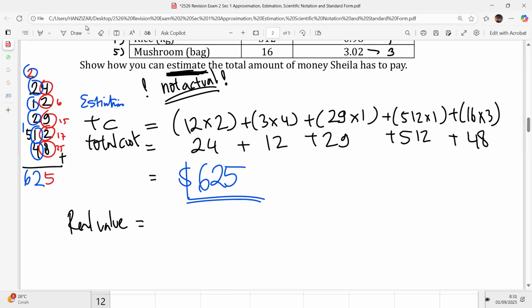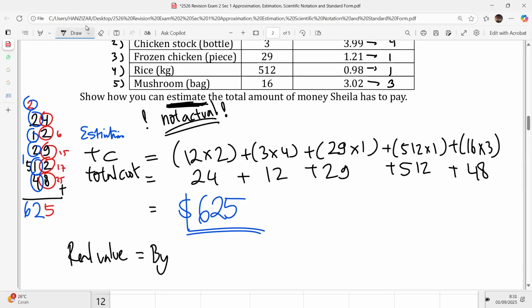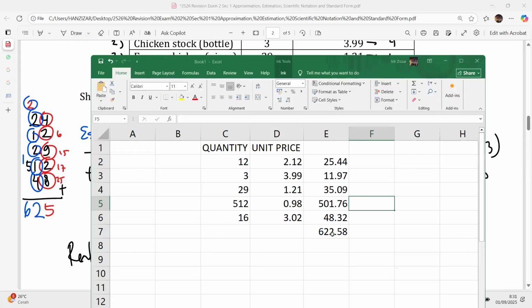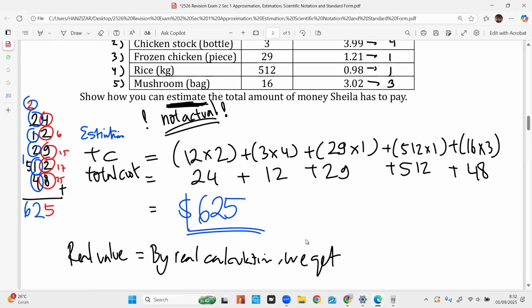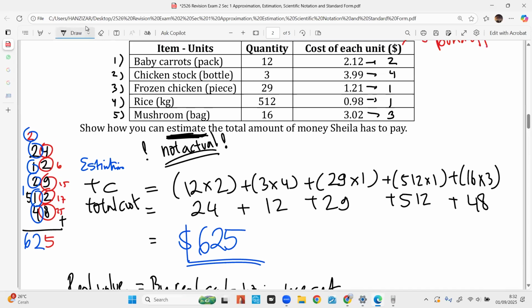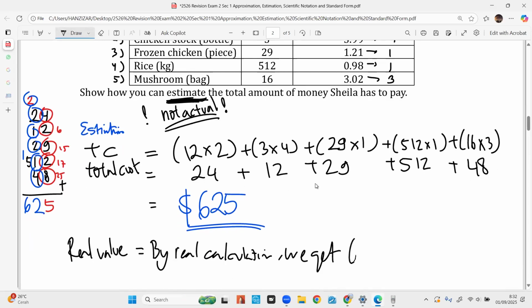By calculation, we get the amount of $622.58. Is it the same?